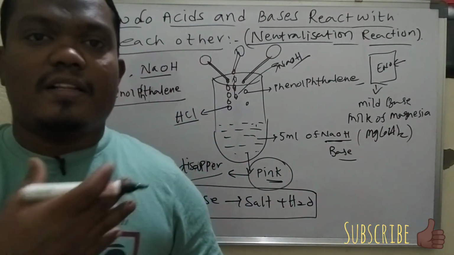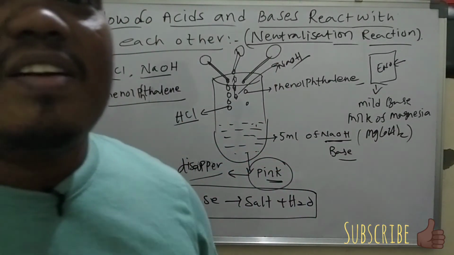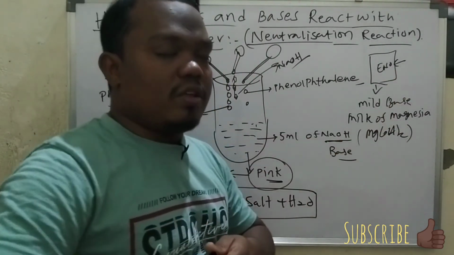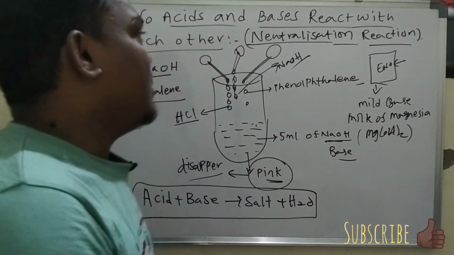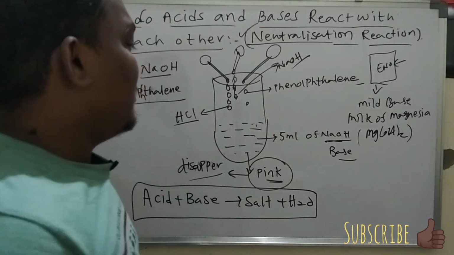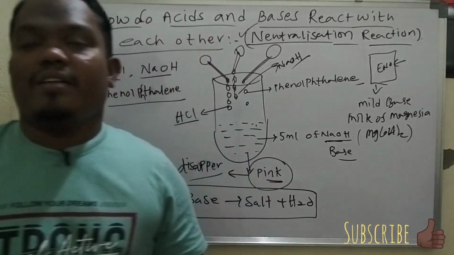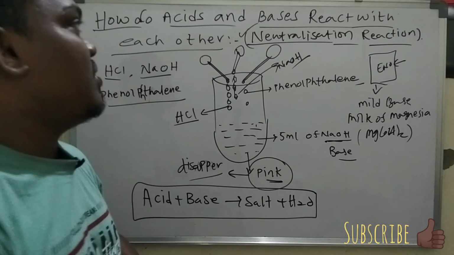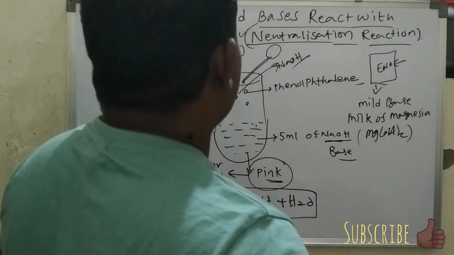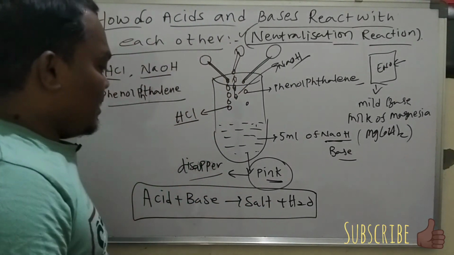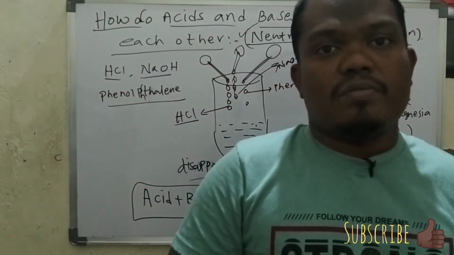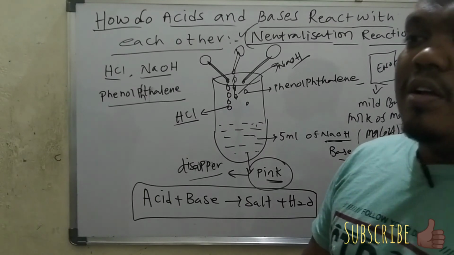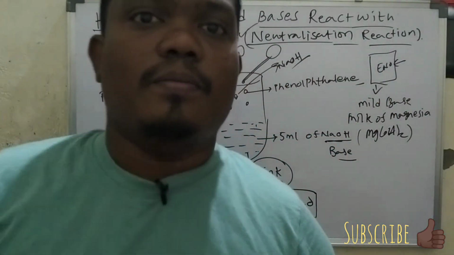When we take this, we get relief, because a neutralization reaction happens in our stomach and we are free from the irritation and burning sensation. So when acid and base react together, we get salt and water. This is what we call a neutralization reaction.